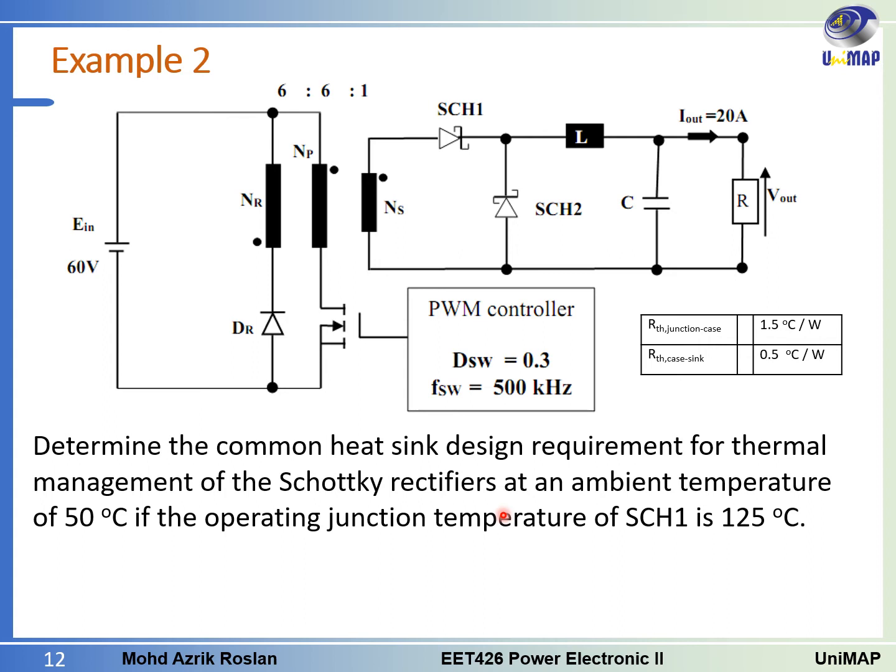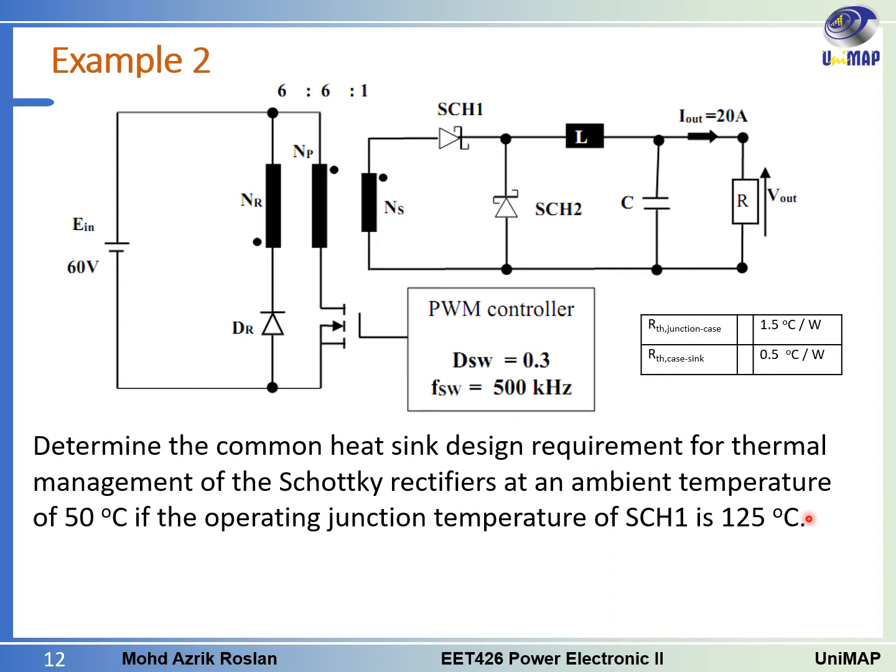You had to set which junction temperature you wanted your Schottky 1 to operate at. But in this question, it already gives the junction temperature of Schottky 1, which is 125 degrees C. So that will be different.